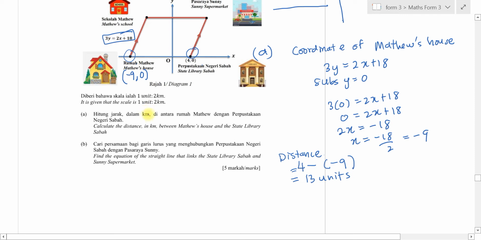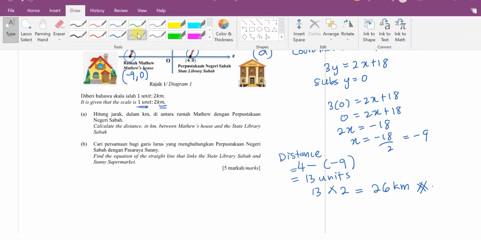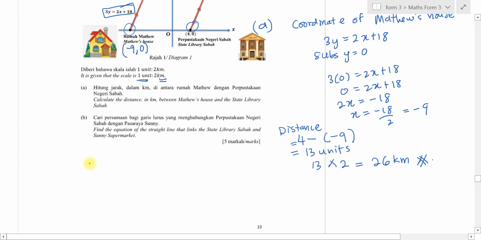But they want it in kilometers. 1 unit is 2 kilometers. So 13 units, 13 times 2, you get 26. This is not equal, you cannot put equal. So 13 times 2, 26 kilometers. You get the answer? Yes, sir. Okay, good. Now, question B.